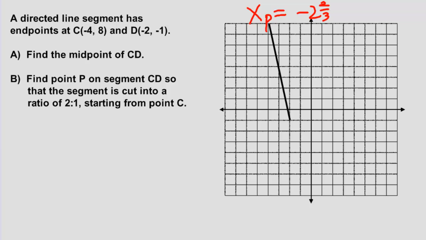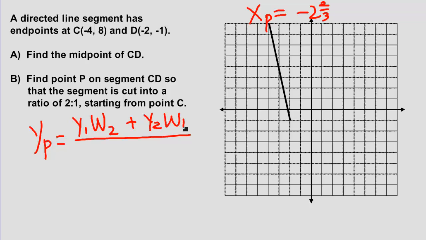Now let's tackle the y partitioning coordinate, and frankly, it's going to be the same logic here. We're going to start with the first y value, multiply it by the weight of the second, and add on, go the other way with it. The second y value times the weight of the first, and we're going to divide the whole thing by 3 again, the sum of the weights.